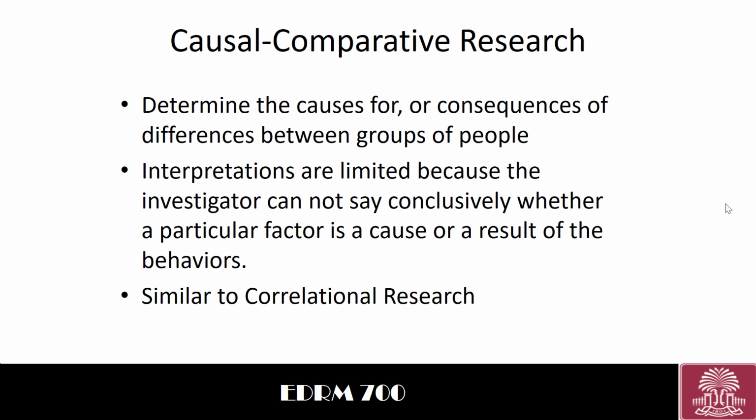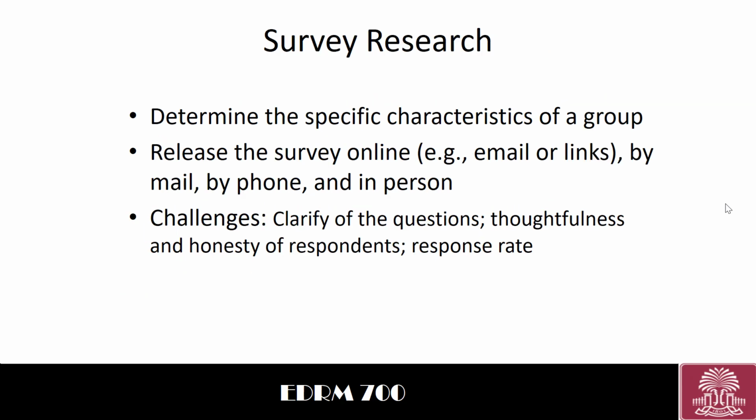For example, we can check gender difference on children's behavioral and emotional problems. These are natural groups, and the manipulation of these groups is impossible. The above three methodologies are predominantly quantitative based.